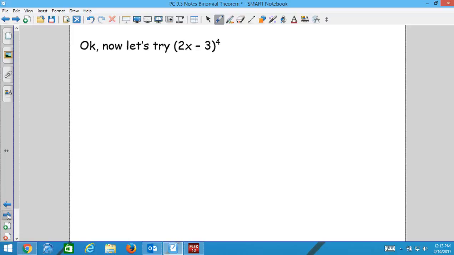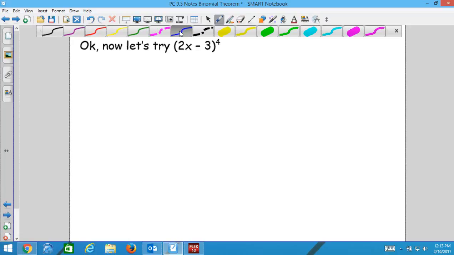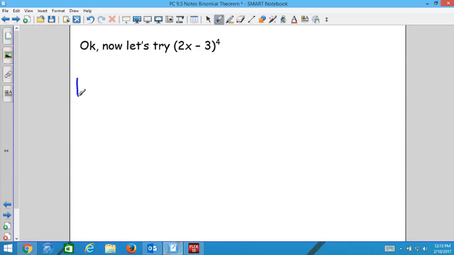So let's do Pascal's triangle. It's the 4th power. What are the coefficients going to be? 1, then 4. So I know which row to look at. 1, then 4. What comes after that? So that came from my triangle. What if I'm not given Pascal's triangle in a quiz? Very easy.